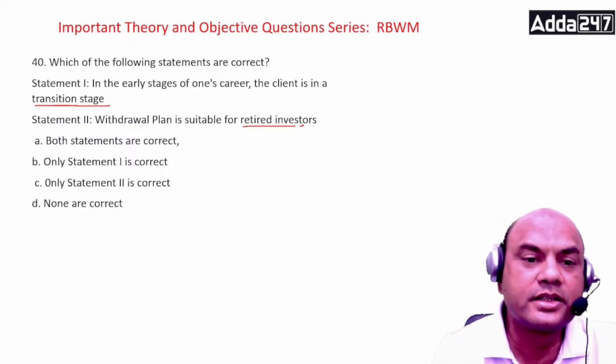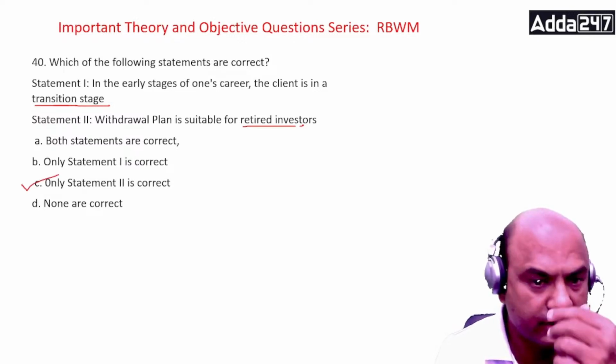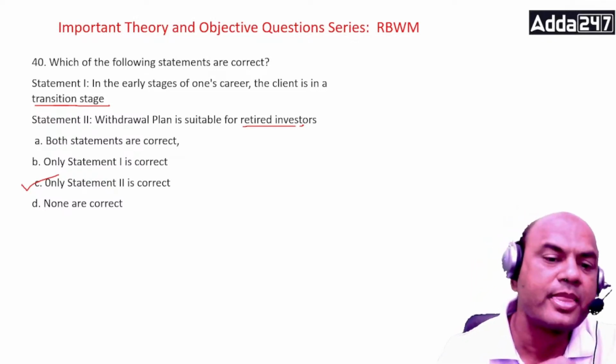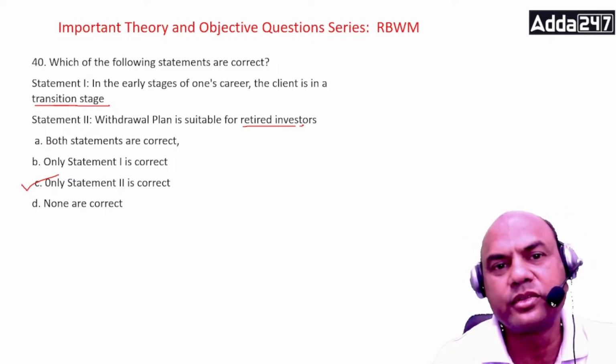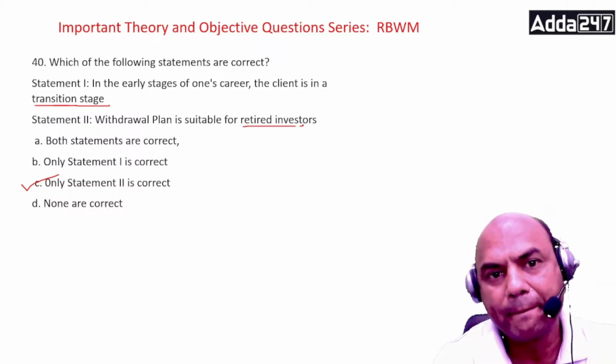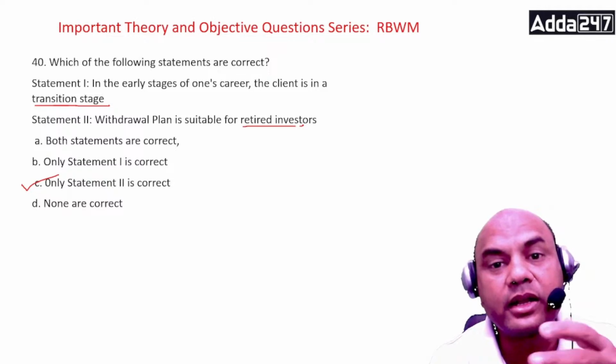The answer is C. Only statement 2 is correct. Why is statement 1 wrong? The client is not at the transition phase. In early stages, you always go on accumulating. Transition is the next step. Early stages means we are talking up to 30 years, and you go on accumulating more.